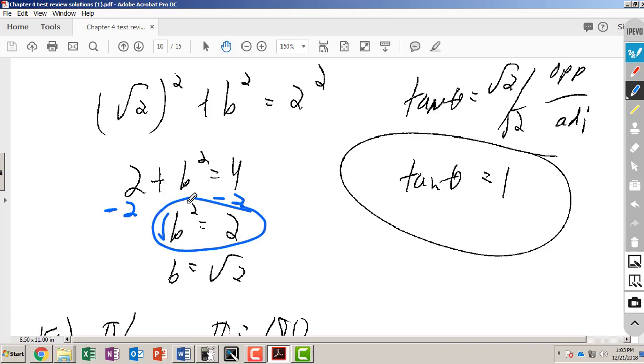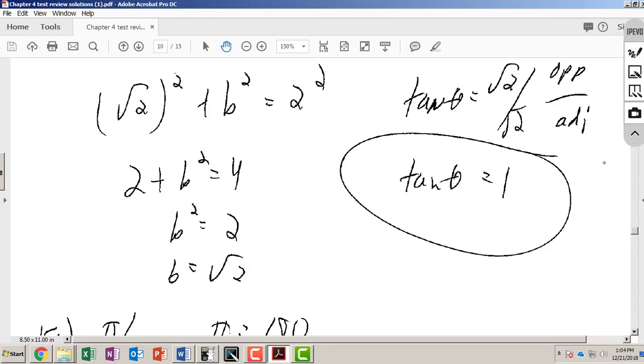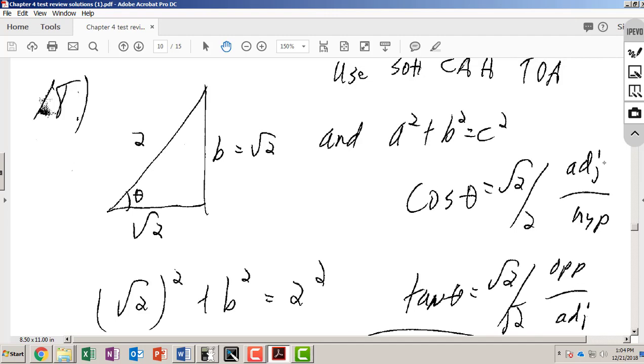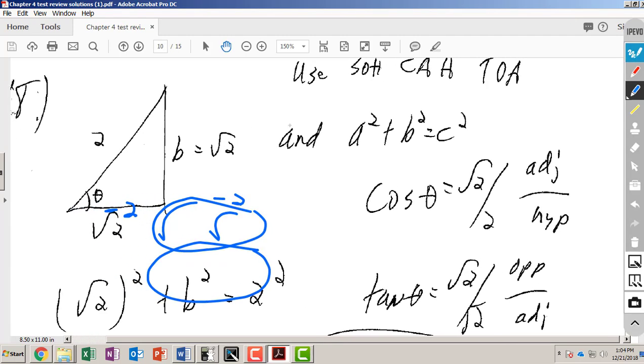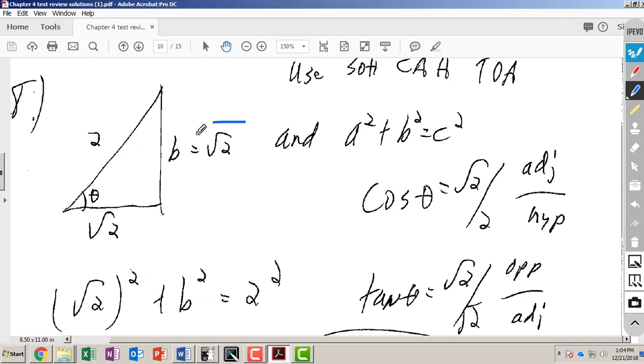So now I take the square root of both sides, and I get b equals the square root of 2. So now that I know that b equals the square root of 2, I come back up to my triangle, and I substitute it in, and I've got b equals the square root of 2.